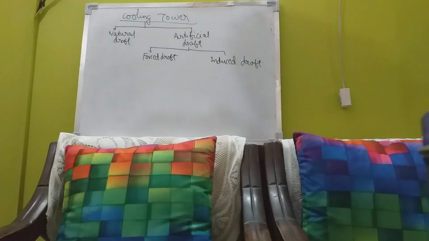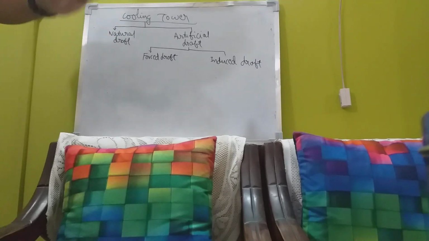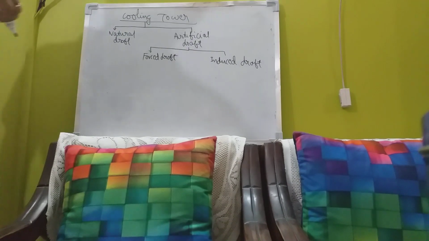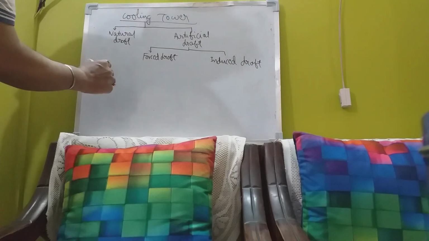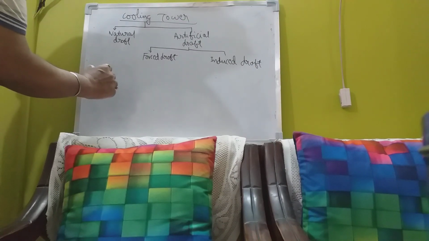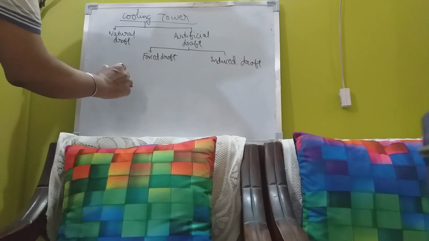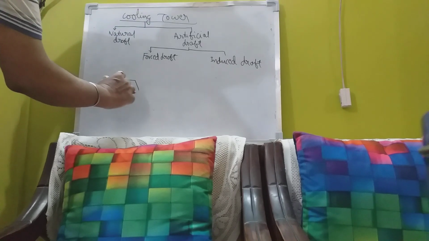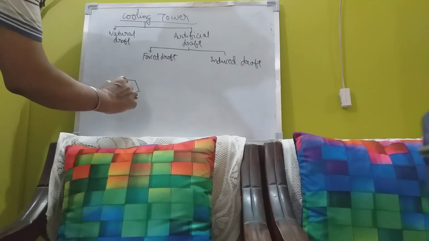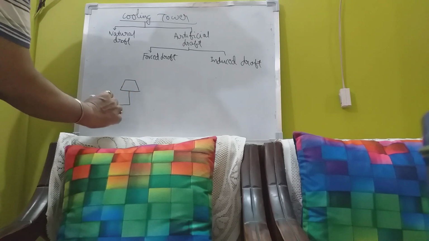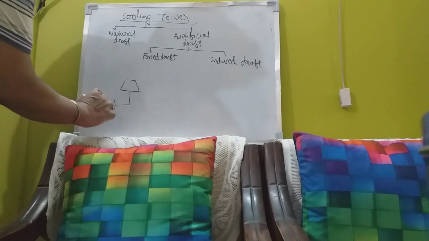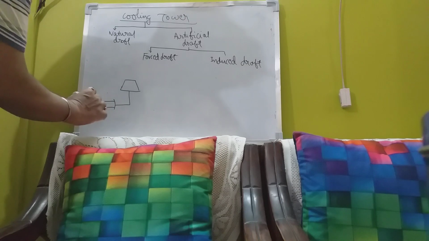Now, in case of cooling tower, the function of cooling tower is first to be explained. To explain the cooling tower, I will draw a very general cycle, which you are very aware of. This is vapor compression cycle.